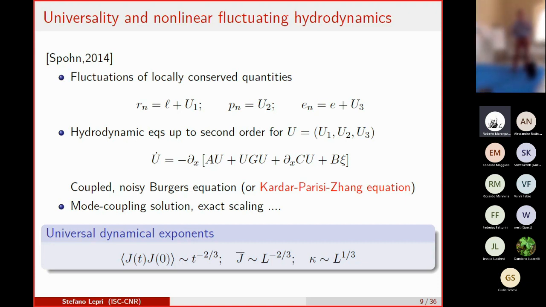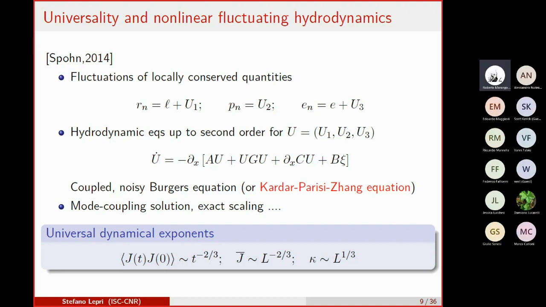Now, it turns out that there is a very interesting connection. This is called the nonlinear fluctuating hydrodynamics theory, because you have nonlinear terms and you have noise added. It turns out that this hydrodynamic theory is just a vector version of the famous Kardar-Parisi-Zhang equation, which is also known as the Burgers equation.